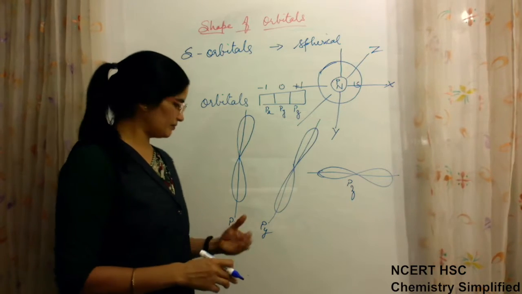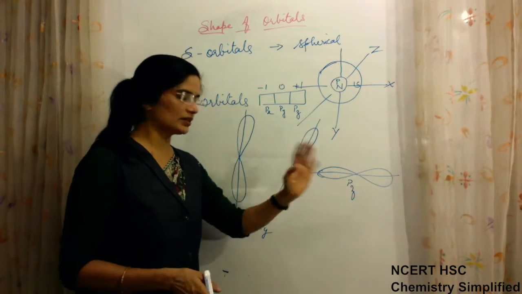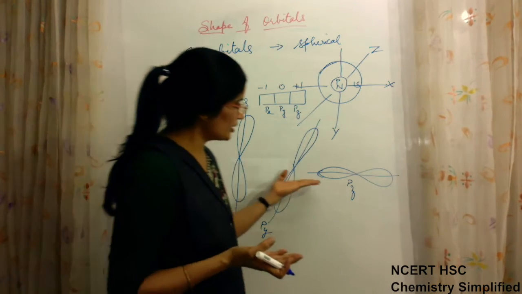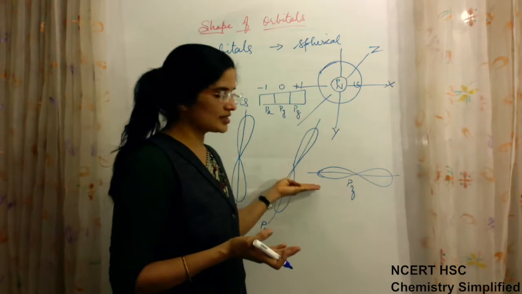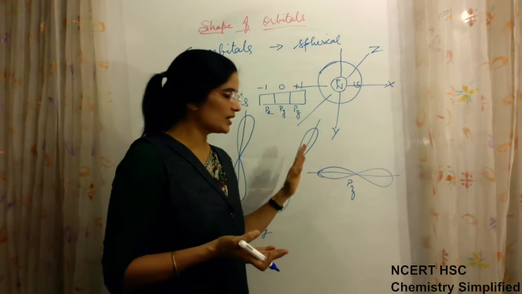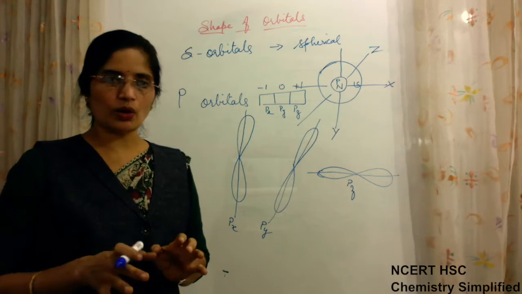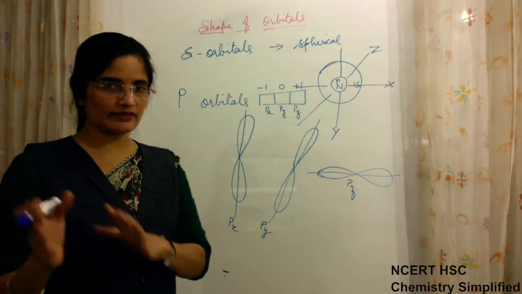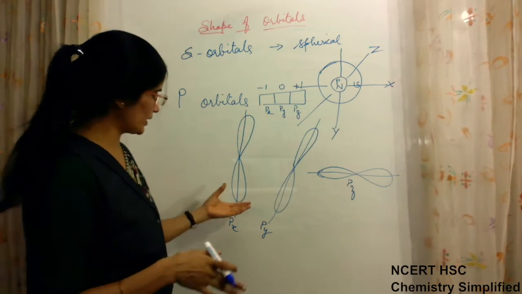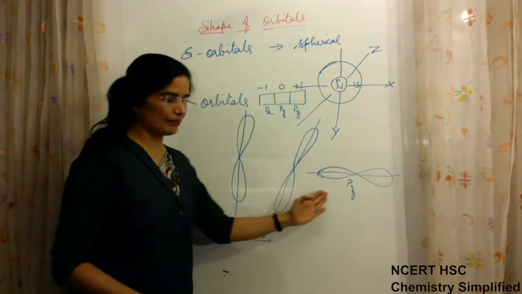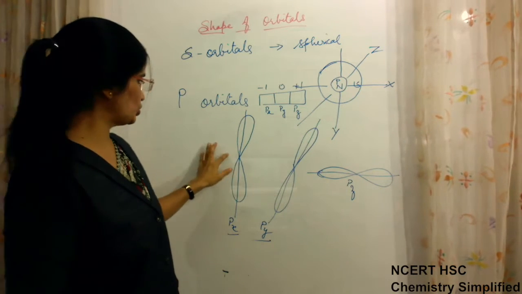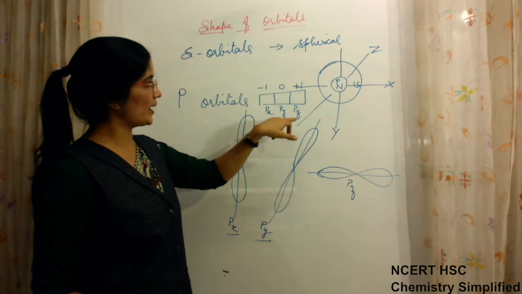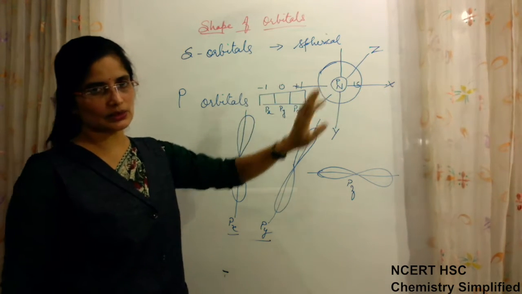One we can assign px, another py, and the third pz. Whichever is along the internuclear axis, the horizontal internuclear axis, we always have to assume the same, so that our calculations in the later chapter 4 work, which I will tell you. But for now, it is okay that px, py, pz are the 3 p orbitals whose shape is dumbbell shape, and they are oriented in 3 different directions, x, y and z, -1, 0 and +1.